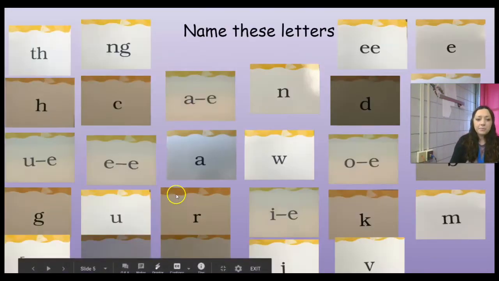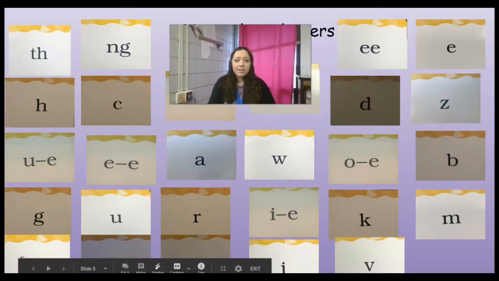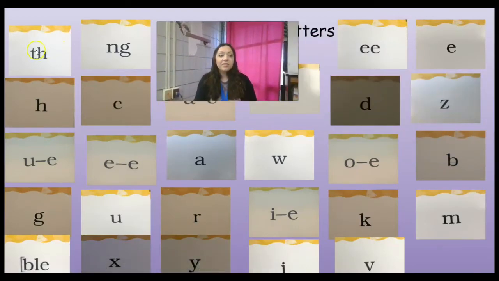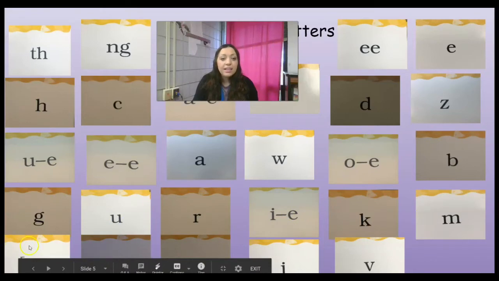Very good. All right, so here are our letter name cards. So we're just going to quickly name them real quick. Are you ready? So we have digraph TH, digraph NG, digraph E, E, E, H, C, A consonant E, N, D, Z, U consonant E, E consonant E, A, W, O consonant E, B, G, U, R, I consonant E, K, M, oh, this is a new one.